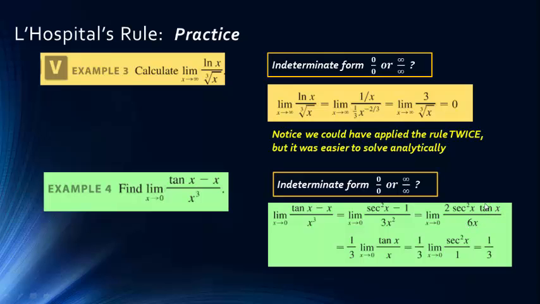So we still have an indeterminate form, 0 over 0.